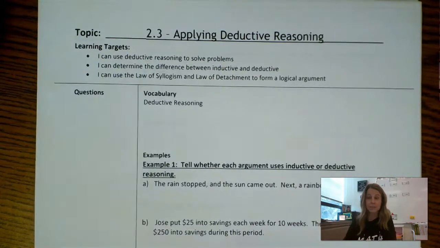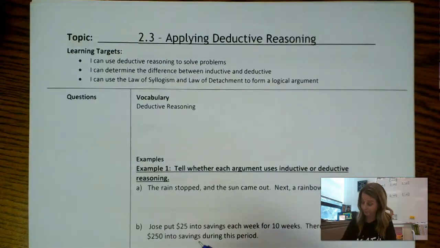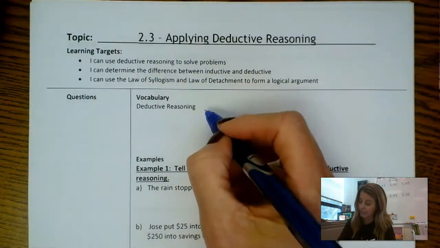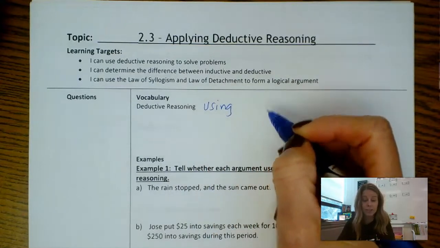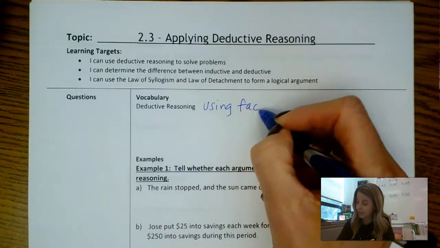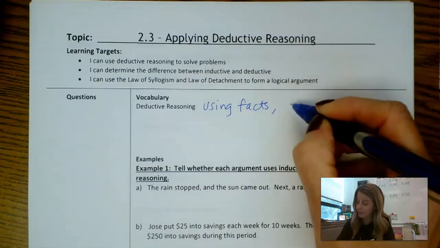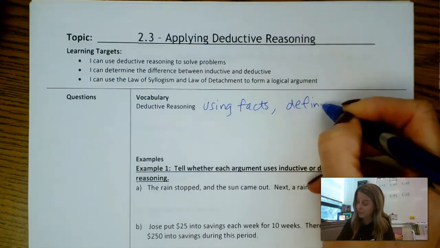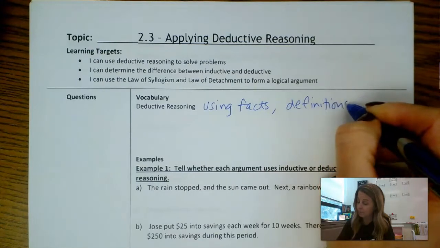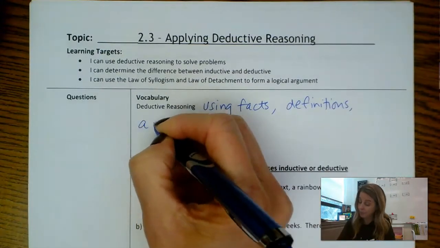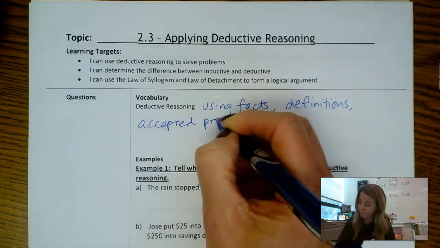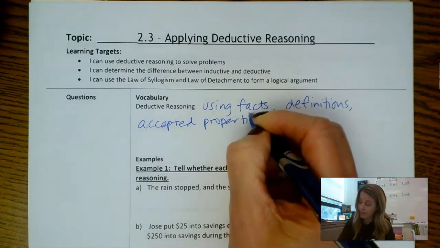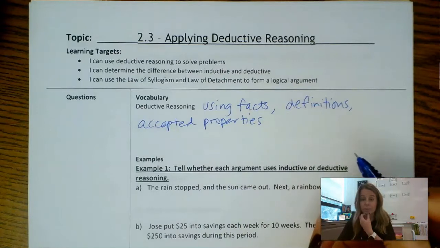So, deductive reasoning, starting off with a definition. Deductive reasoning is using facts, definitions, accepted properties. Any of our postulates or theorems would be considered acceptable.